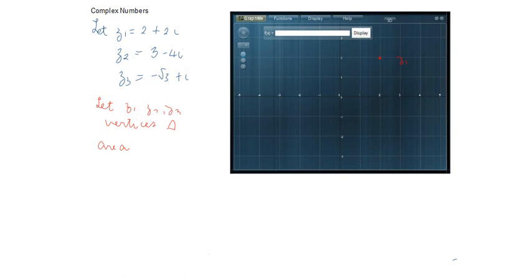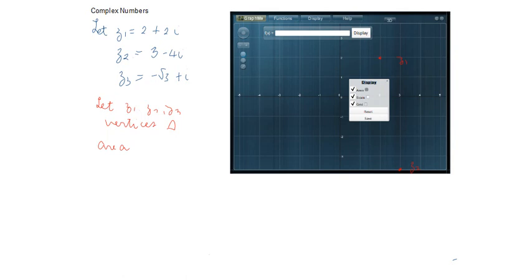And then 3, negative 4 will be somewhere here probably. Let's call this our C sub 2. And then the negative square root of 3 is around 1.73, so that's closer to 2, and then 1.